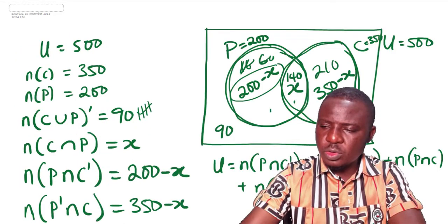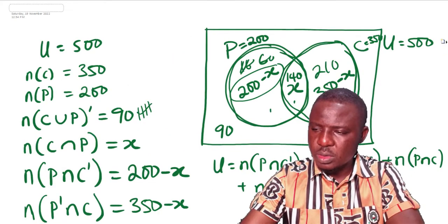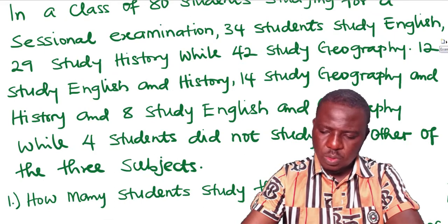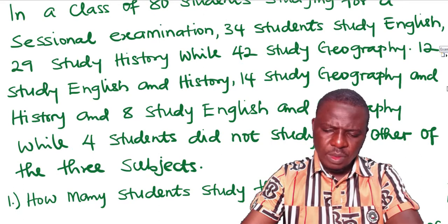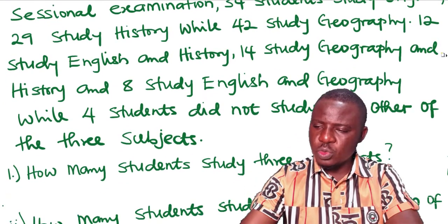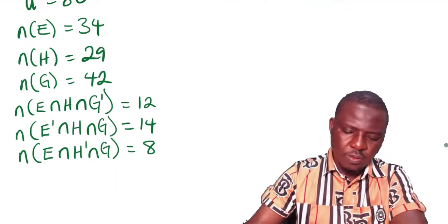We are also told that 4 students did not study any of the 3 subjects. So those who did not study any of the 3 are 4 in number.